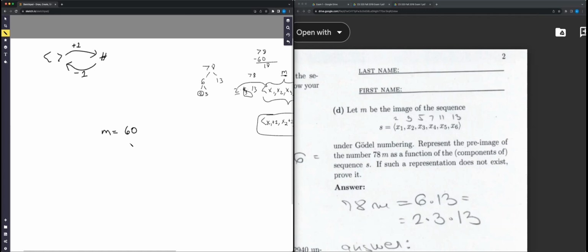So what's the Godel sequence of 60? My bad, let me not skip everything. All right, what's the prime factorization? It's 2 times 3 times 5.